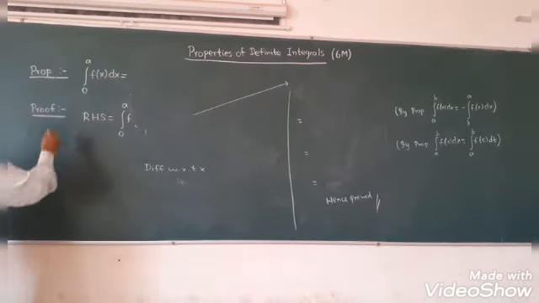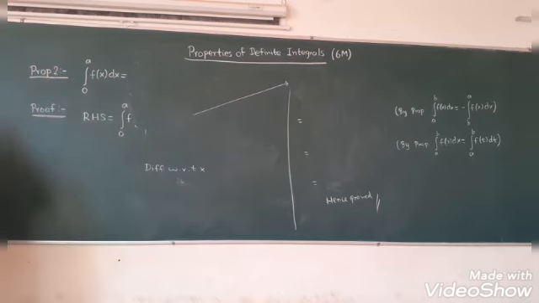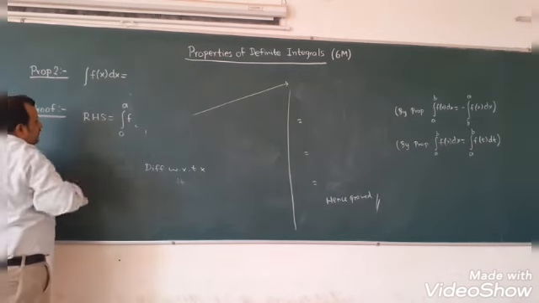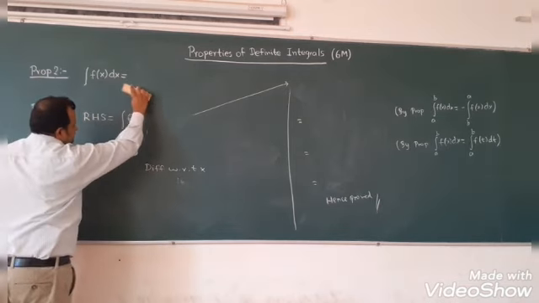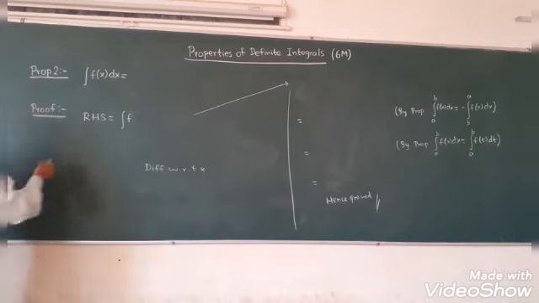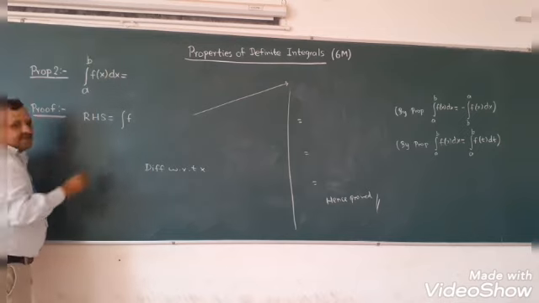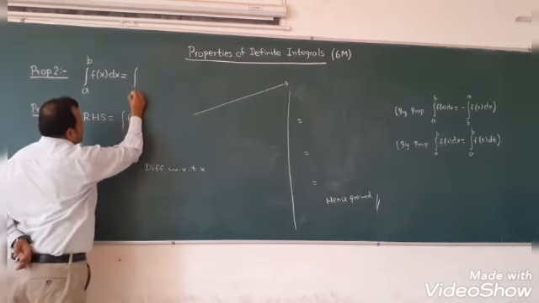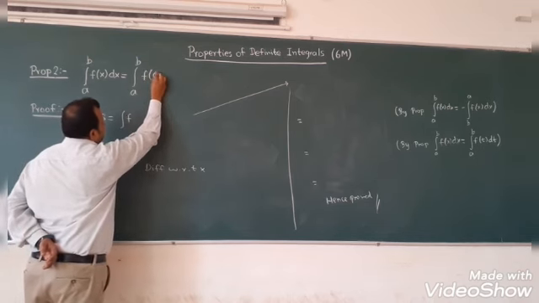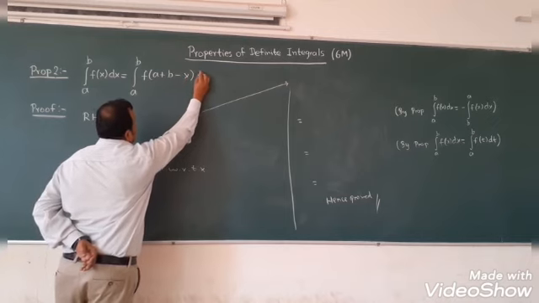Look here, property number 2 is integral from a to b f of x dx is equal to integral a to b f of a plus b minus x dx.